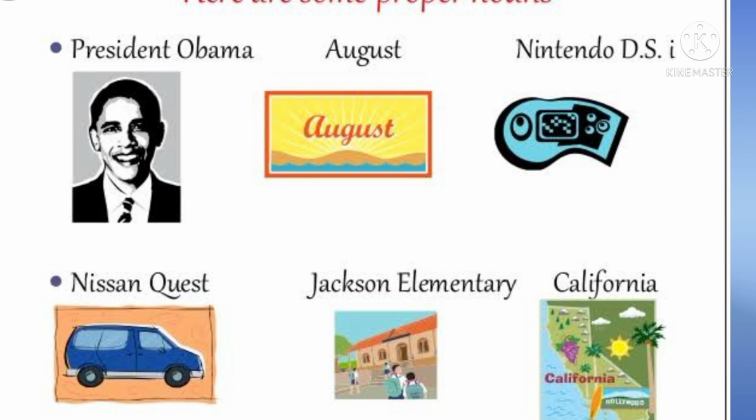Another one is Nintendo DSi. Next one is Nissan Quest. That is a brand name. Jackson Elementary is the name of a school. California is the name of a place. Also, we will see a number of proper nouns when we look around us. For example, Christ New Life School.